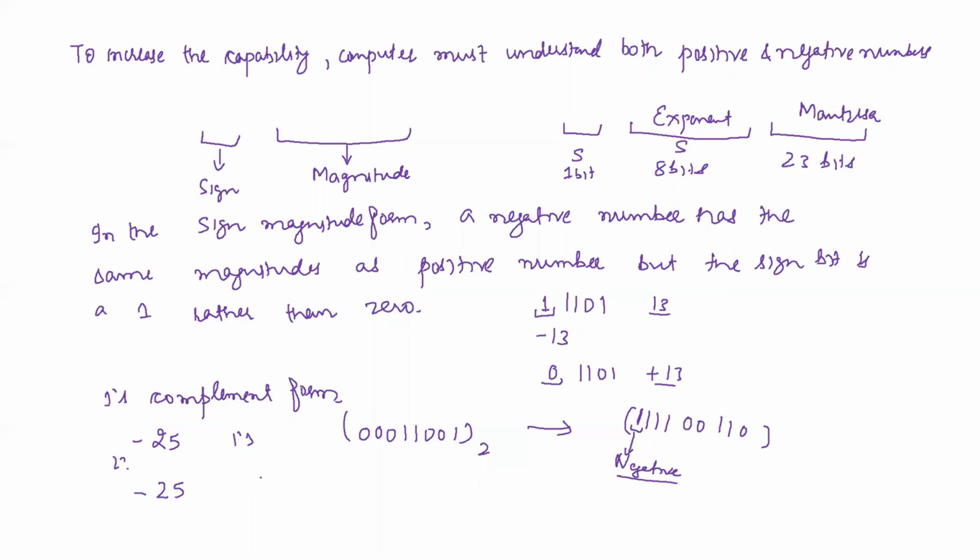Now similarly, if I ask you to find out the 2's complement of this, the negative sign means it's the 2's complement of the corresponding positive number. So what is 25? The binary representation of 25 is 0 0 0 1 1 0 0 1.